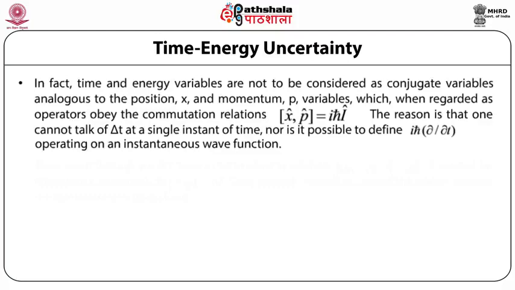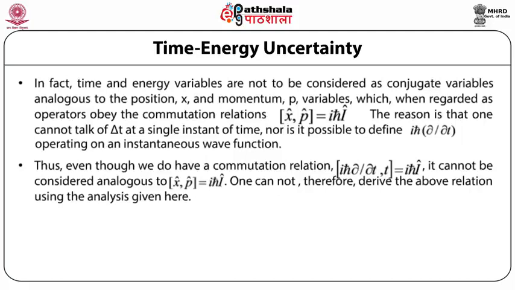And the reason why we cannot consider the time and the energy variables as analogous to the position and momentum variables is that we cannot talk of delta t, that is the spread in t, at a given single instant of time, nor is it possible to define iota times h cross times partial derivative with respect to time operating on an instantaneous wave function.